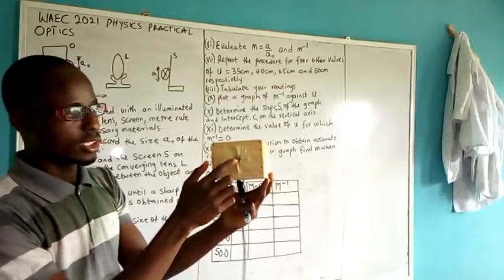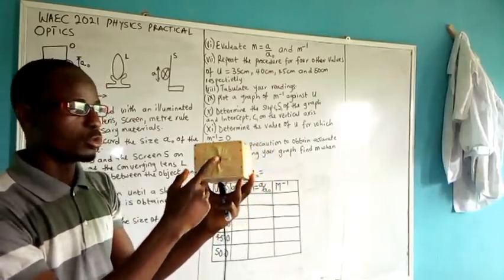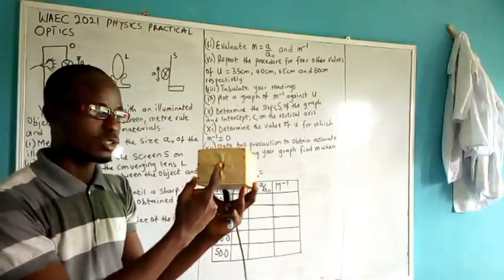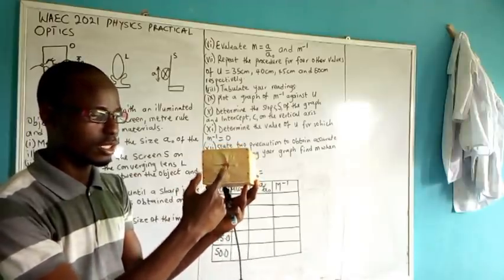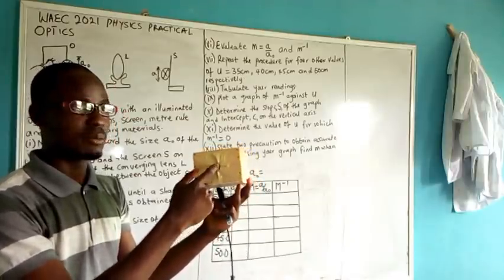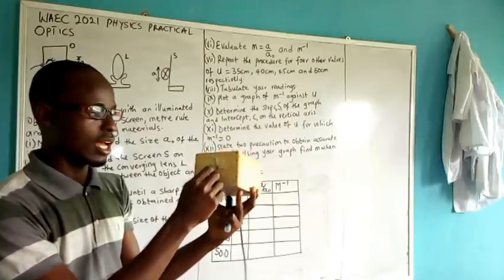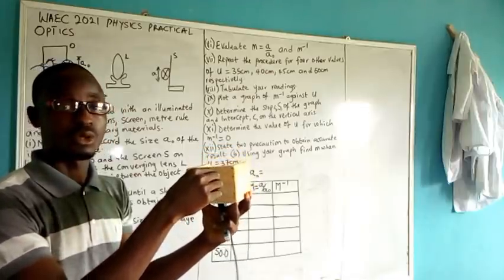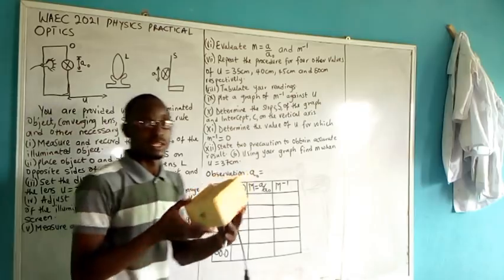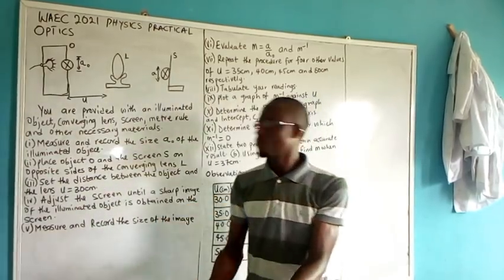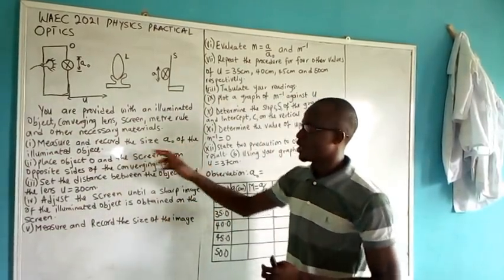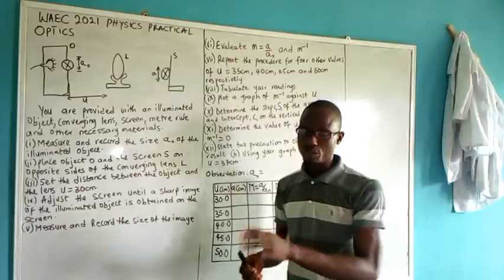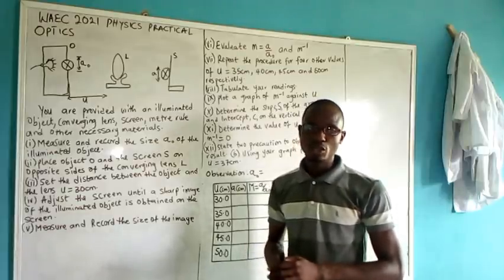So this is the object A naught, of which we're supposed to determine the size, which is the height. Both this and this, the two. We're going to determine the height, and that height is what we call the size. So when we determine that, that will be our A naught. So measure and record the size A naught of the illuminated object. We are going to determine the size of A naught now.